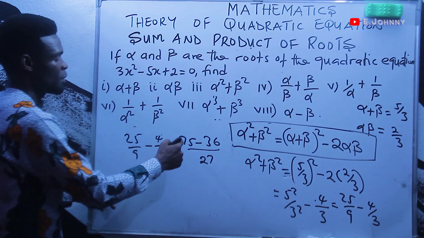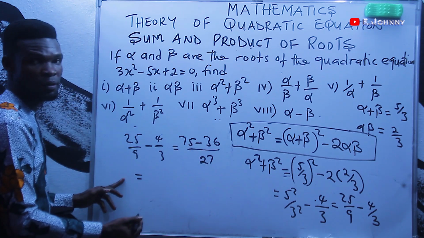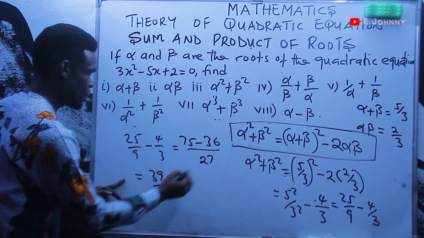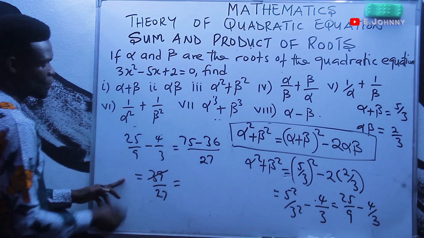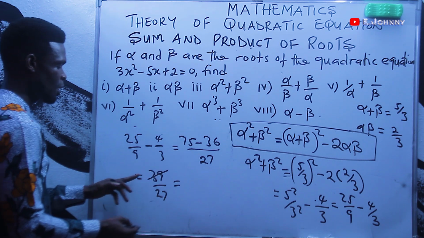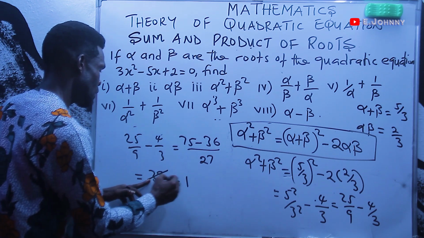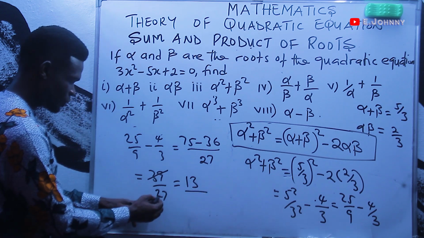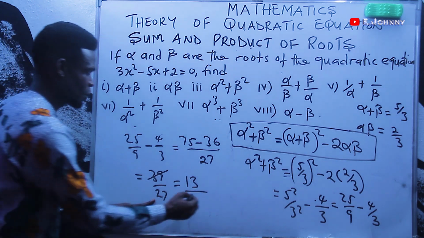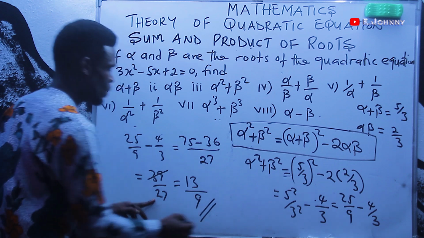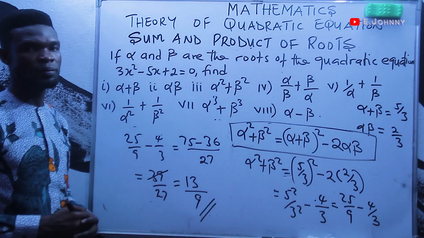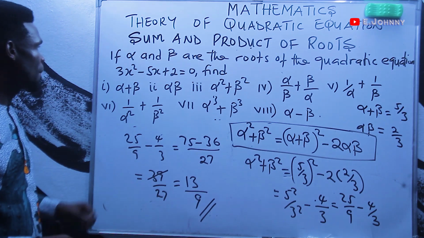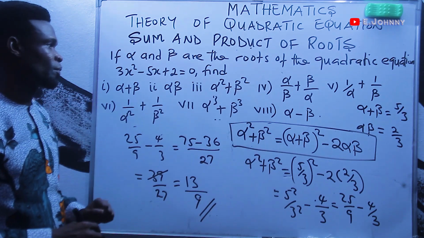So that will be 75 minus 36, which gives us 39 divided by 27. 3 can cancel 39 how many times? 3 into 3 is 1, 3 into 9 is 3, 13. 3 into 27 is 9. So by the time you are done, you obtain 13/9. So that's exactly how to handle this.